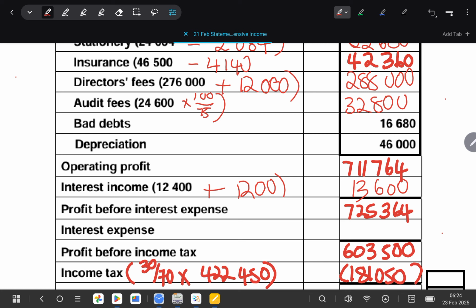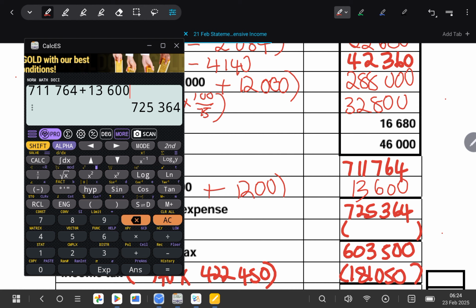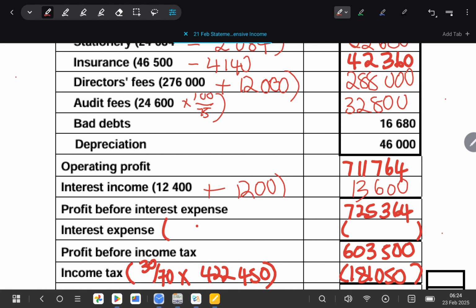725,364, and then we have to get interest expense. And interest expense, according to here, to get our interest, we'll say 725,364 minus 603,500.